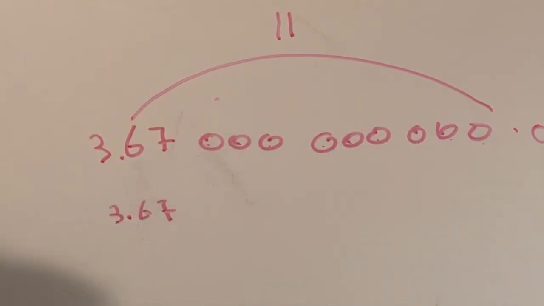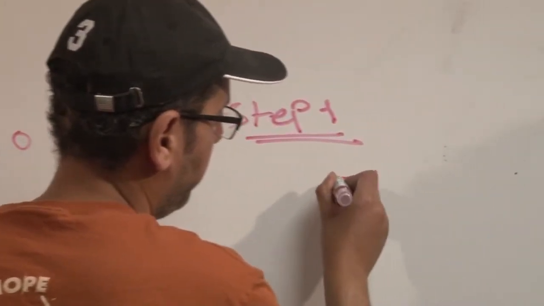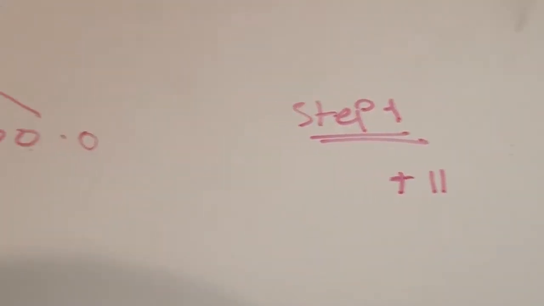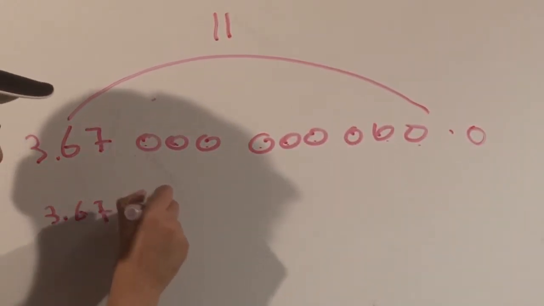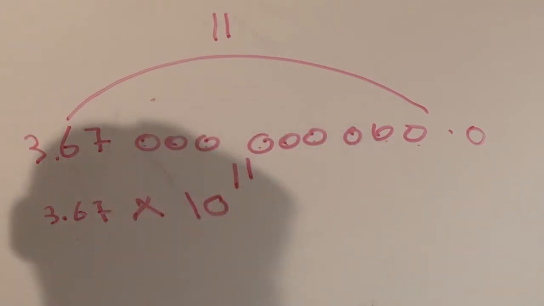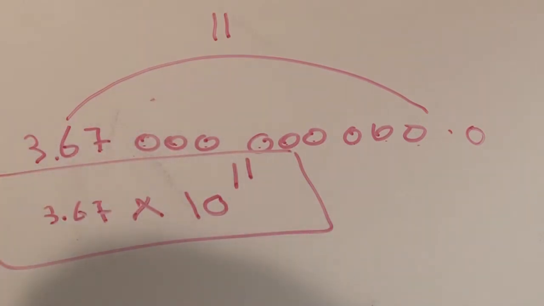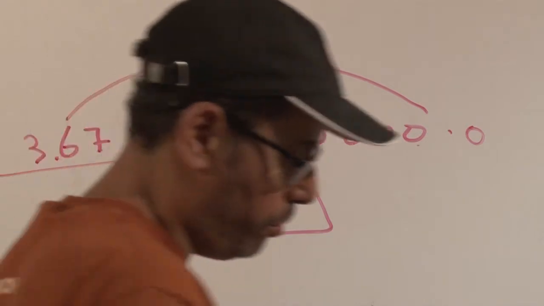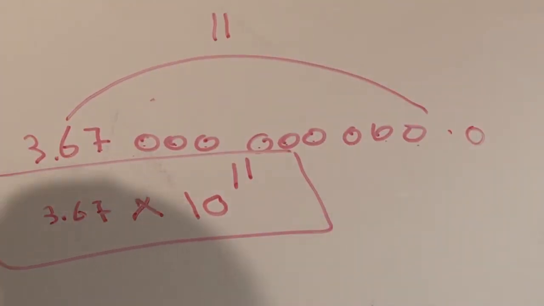It's obviously more than 1. So 11 would be positive. And then let's multiply by 10 to the power of positive 11. That's it. I know that's a new way, so let's make it more obvious with another example. How about that?